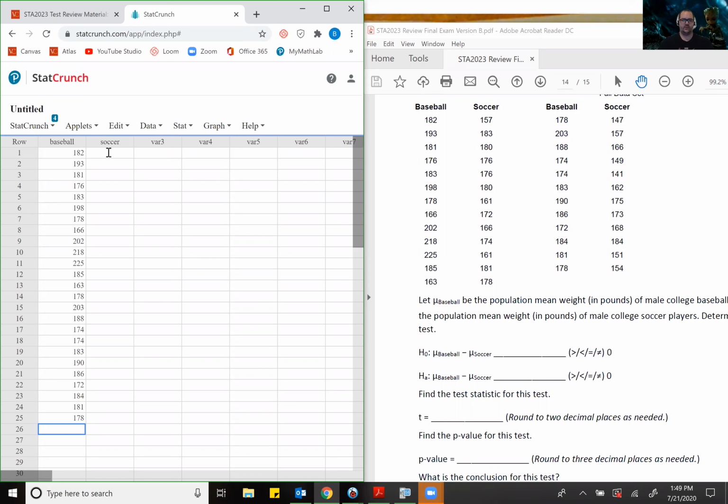Good. And then 157. As long as I'm putting these in correctly, everything's going to work out perfectly in the end.